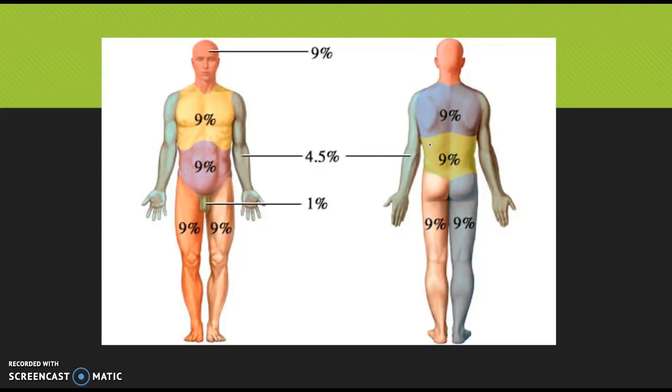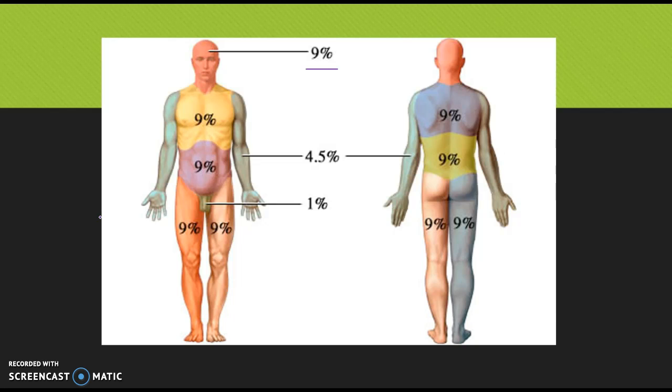This is a really cool picture. It's called the Rule of Nines. You've probably heard on the news, they'll say this victim had 36% second degree burns all over their body. This is how they actually count the percentage of burns on people.